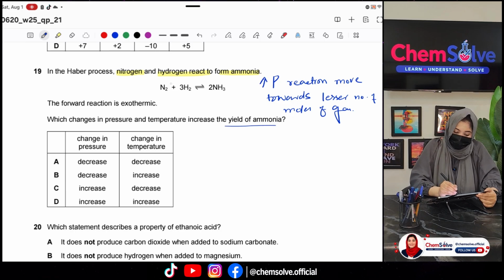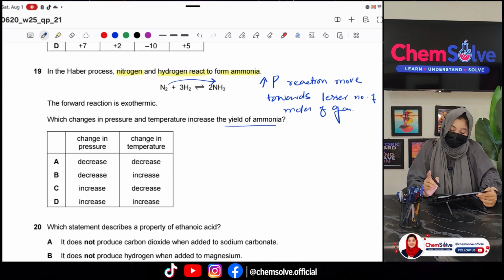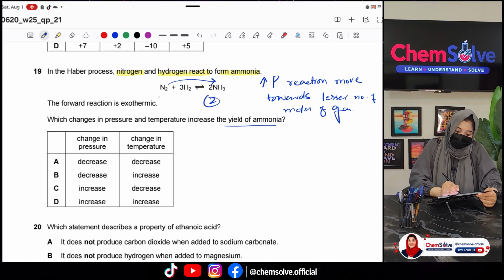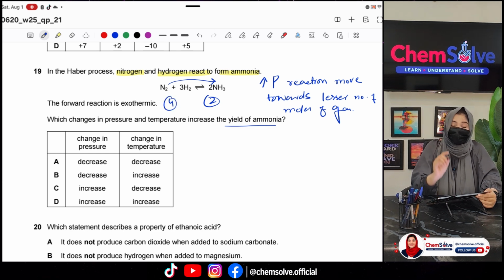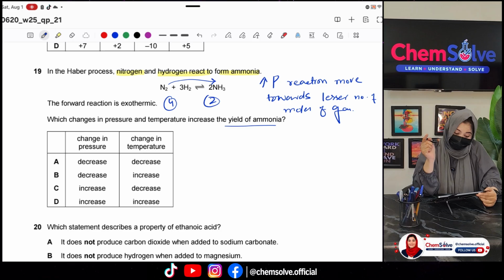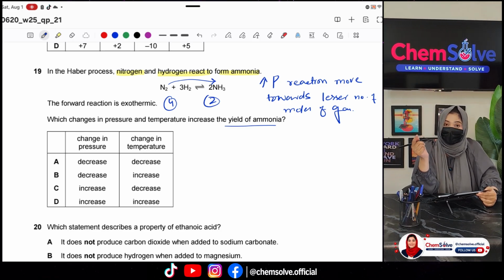We want the reaction to move in the forward direction, towards ammonia, and here there are only 2 moles, and here are 1 nitrogen, 3 hydrogen, 4 moles. So we want the reaction to move towards lesser number of moles. If we want the reaction to move towards lesser number of moles, then we have to increase the pressure.